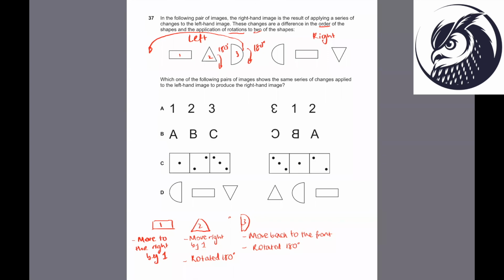I'll draw your attention to option A. If we look at the number 2 here, we know that the image in position number 2 needs to move 1 to the right, which it has, but it also needs to be rotated by 180 degrees. And you can see that this 2 has not been rotated. So therefore, option A is incorrect.